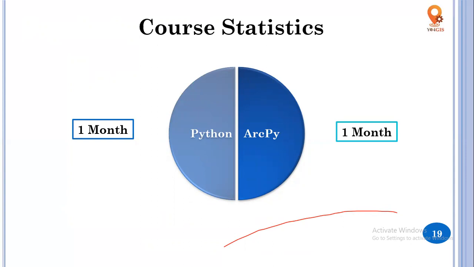Sometimes some of the students, some of the people come for only Python. So they can attend the class for 1 month. They can understand Python. They can write some programs. And after completion of Python, for the next 1 month, we are going to explore ArcPy.